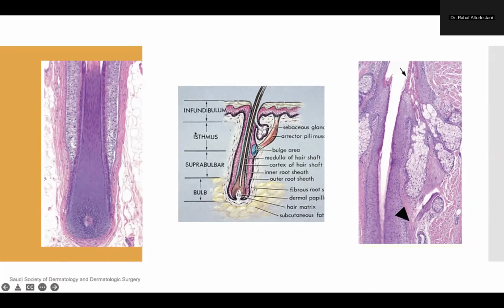As we can see here, the vertical section is subdivided into four major areas: infundibulum and isthmus, which are permanent areas, and suprabulbar and bulbar areas, where we can find the stem cells. The other classification is the horizontal classification, from the outside to inside, starting with the outer root sheath, then the inner root sheath, companion layer, then Henle-Huxley cuticle, hair shaft, cortex, and hair medulla. Just a brief note about hair follicle anatomy, so we can start our lecture.